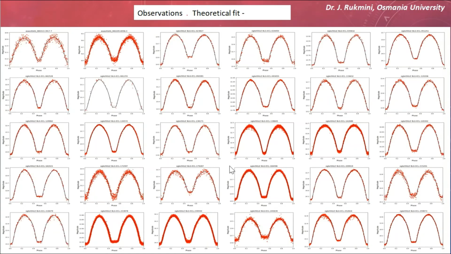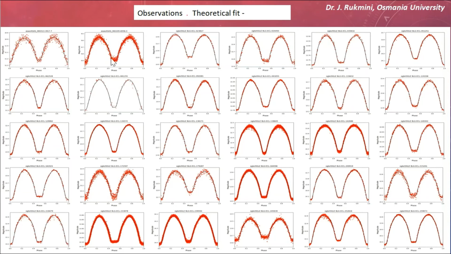Here are the rest of the 60 light curve fits. So you can see that the selection criteria was mostly selecting those binary stars which were showing flat minima, flat eclipses, and giving appreciable amplitude of the light curve and showing least scatter.